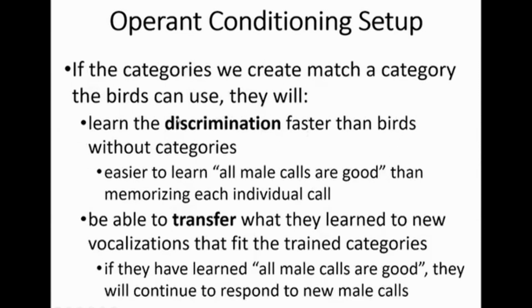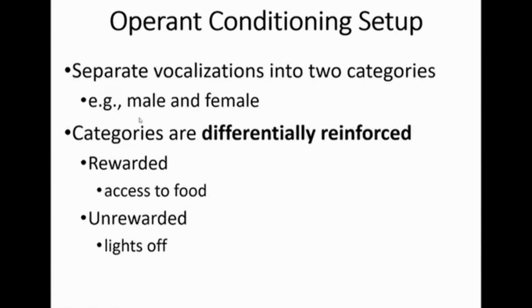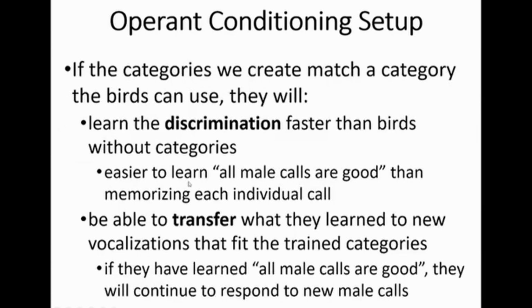So if all male calls are good is something that they can learn, and they know that male calls all fit in one category and those male calls get rewarded, they're going to learn, go to male calls or don't respond to female calls, and that's going to be learned a lot faster than if there weren't categories to begin with.